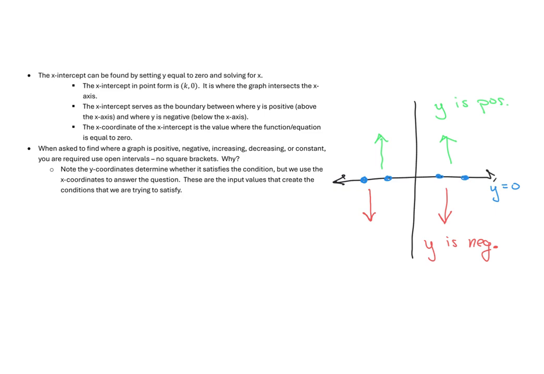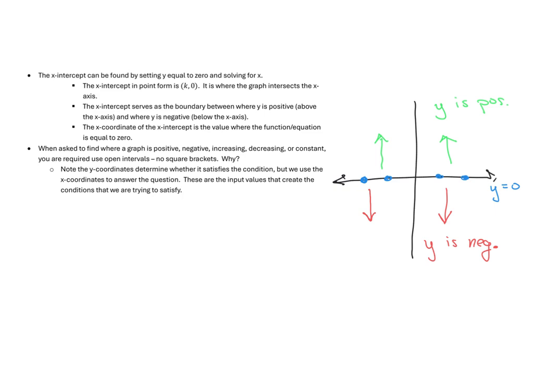The x-axis is that boundary line that changes between positive and negative. We cannot include that boundary line because it is not positive or negative. It is 0. So that's one of the reasons why we're not going to use square brackets.